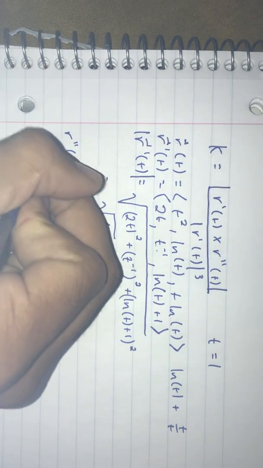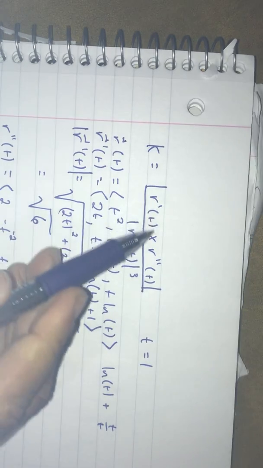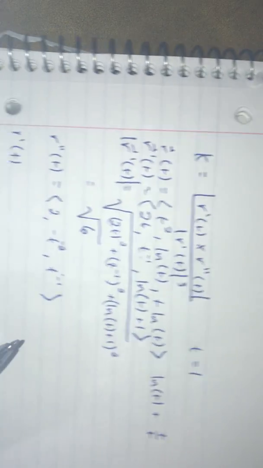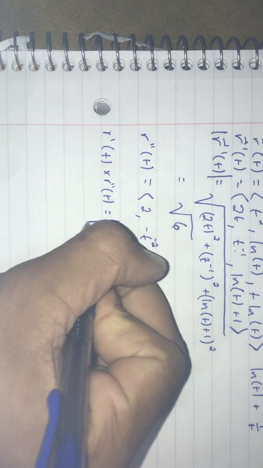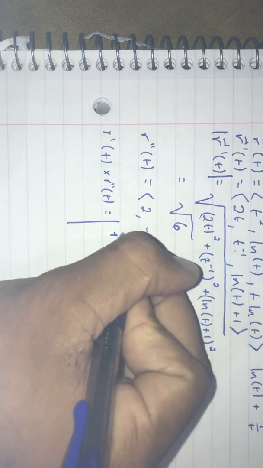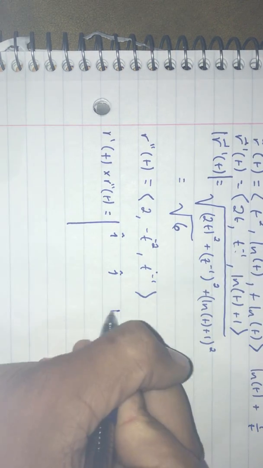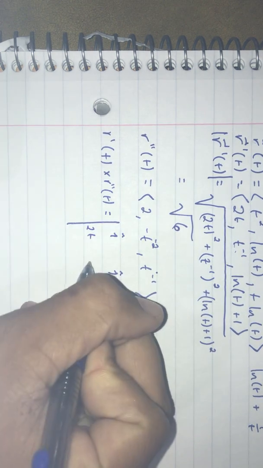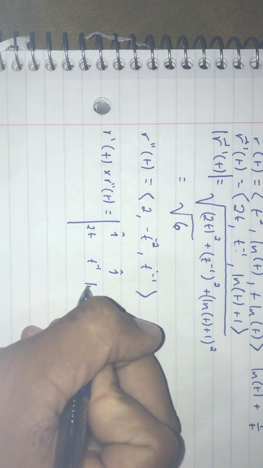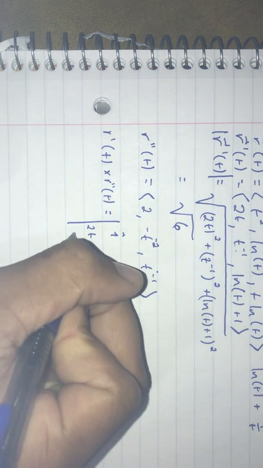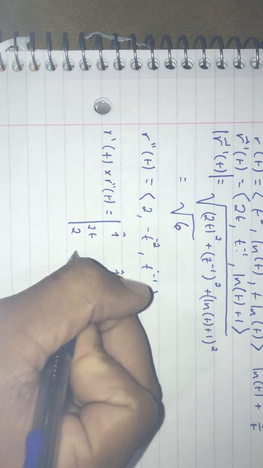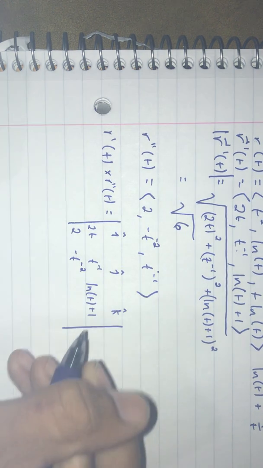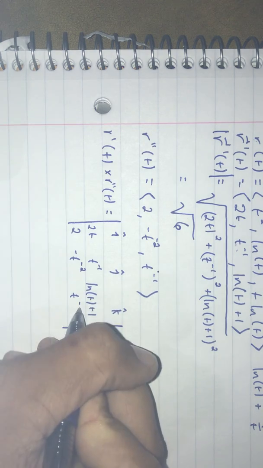So r prime of t, we've got to get our top value. It's going to be r prime of t cross r double prime of t. So we set up our cross product, i, j, k, of 2t, t to the negative 1, ln of t plus 1, and then 2, negative t to the negative 2, and t to the negative 1.